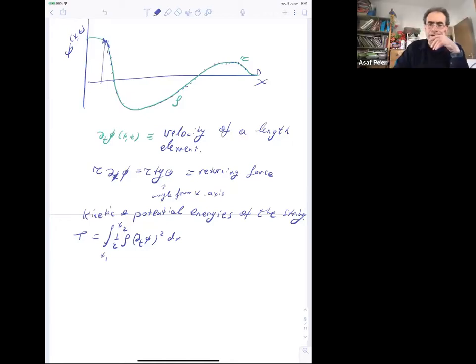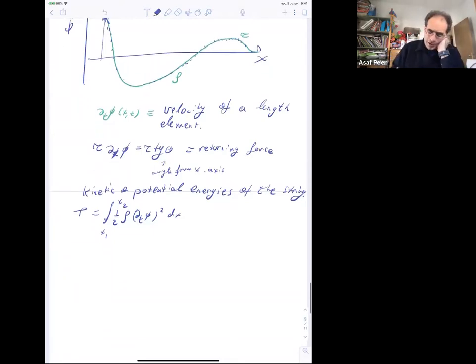That will be the kinetic energy. It's just a continuation. If you think of it as n particles attached, and then you take the limit n goes to infinity, the sum becomes an integral. This is exactly what it is. It helps you visualize it.